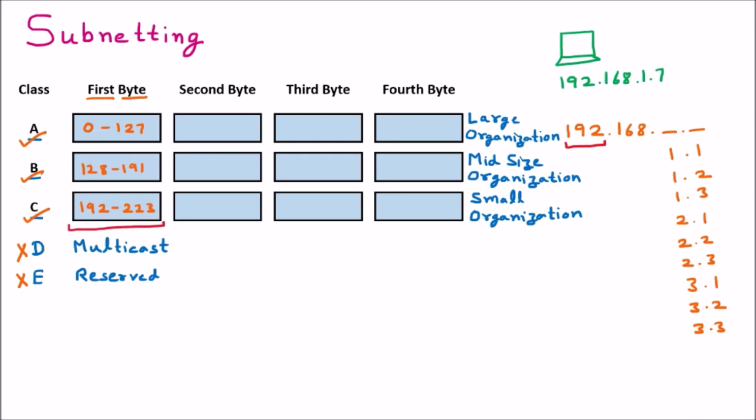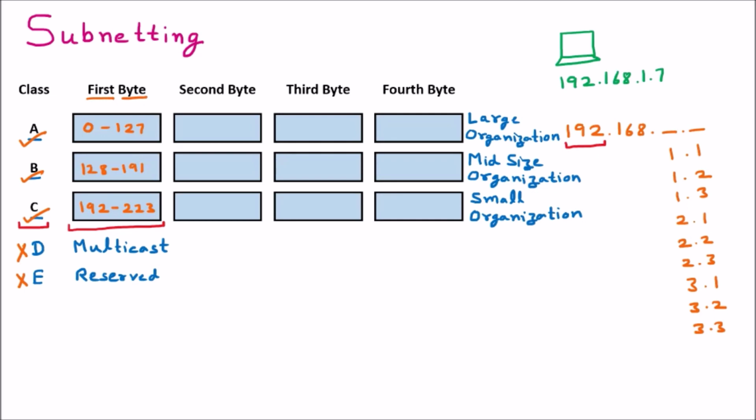That means this IP belongs to class C. You will find 192 many times, because 192 is for small organizations in a lab or in companies. This starting IP we will find as 192.168.1.7 or something. These labs fall under the category of small organizations. Very big industries come under class B and class A.